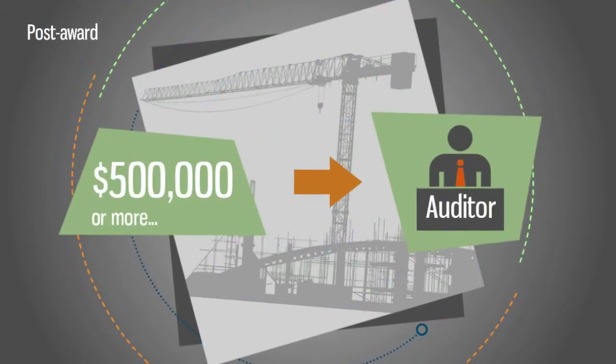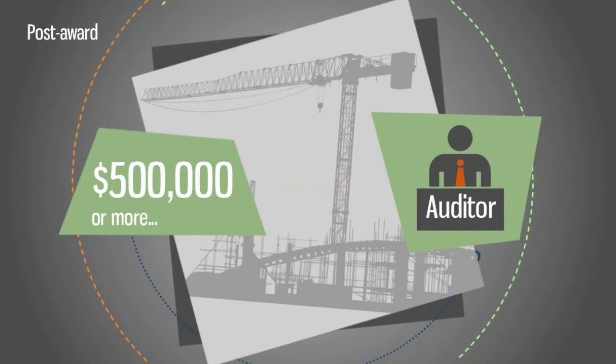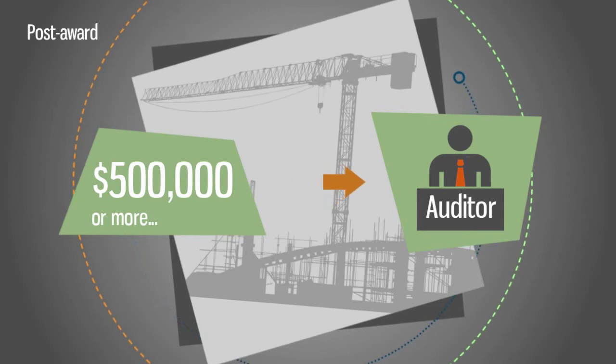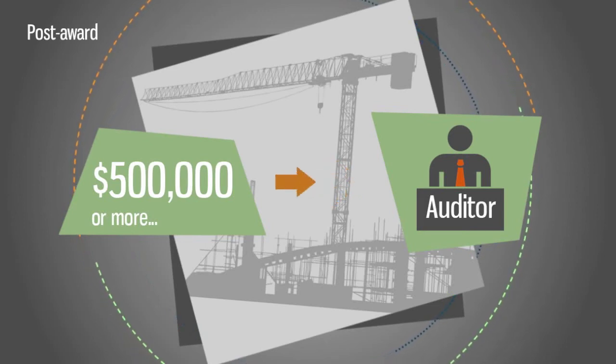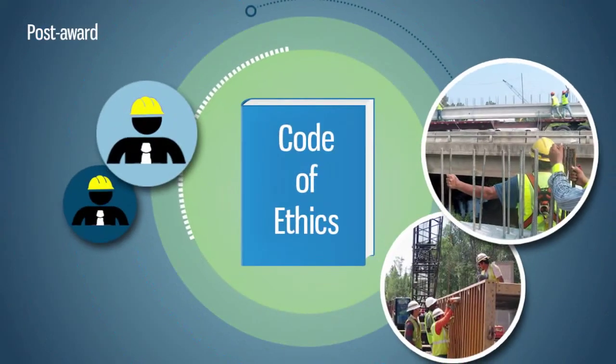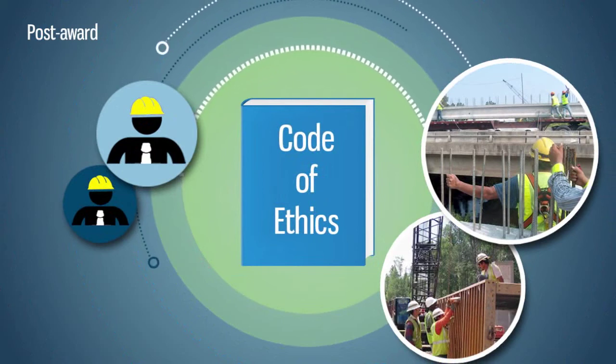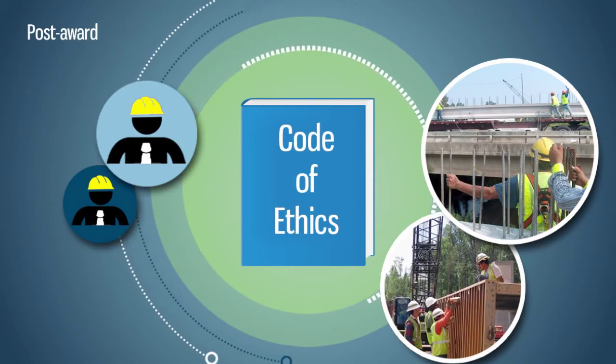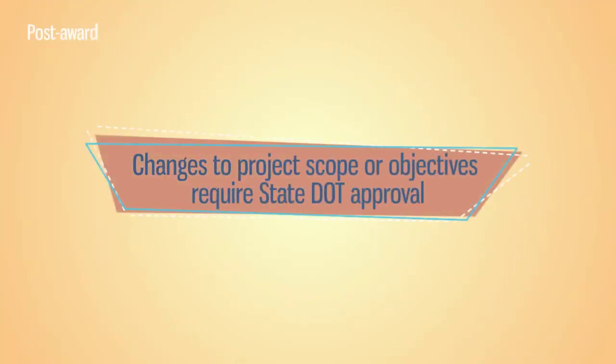If your agency expends $500,000 or more in federal awards in a fiscal year, it will need to hire an independent auditor to perform a single audit in accordance with generally accepted government auditing standards. Your agency must also maintain a written code of ethics, which governs employee performance for award and administration of contracts. In addition, in order to make any changes to the scope or objectives of a project, your agency must obtain approval from the state DOT.